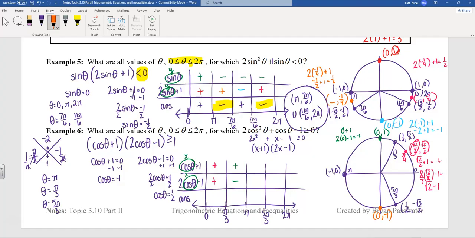Is this going to be any different than the last one that I just did? My x coordinate is still 0, right? So when I plug into the top, I have x coordinate plus 1. 0 plus 1 is still 1. That's positive. And when I plug into the bottom, I get 2 times 0 minus 1. Still negative right there.